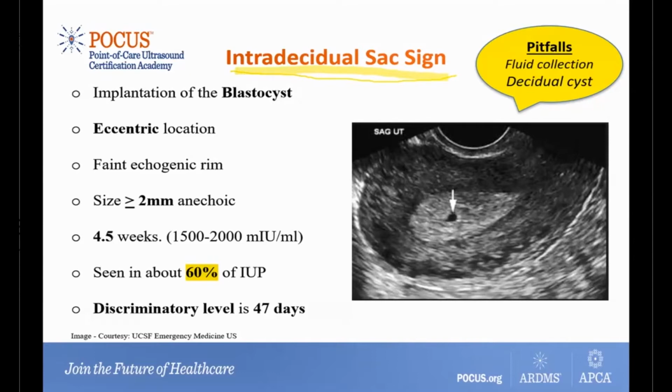It is eccentric in location and may have a very faint echogenic rim, and the size is about 2 millimeters, and this is seen at about 4.5 weeks of gestation, and it's not seen always. In about 60% of intrauterine pregnancies you will be able to see this sign.